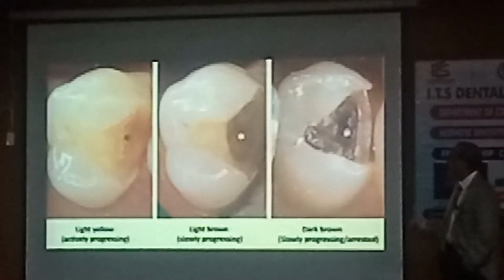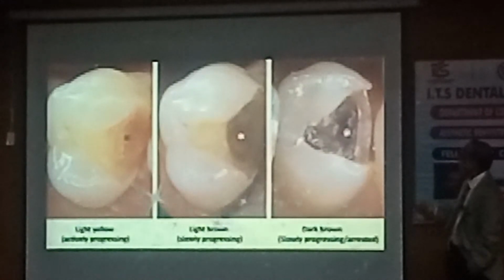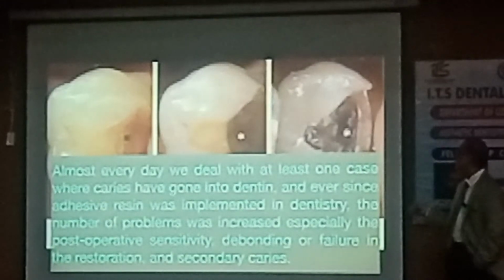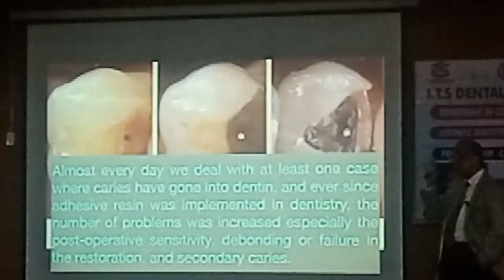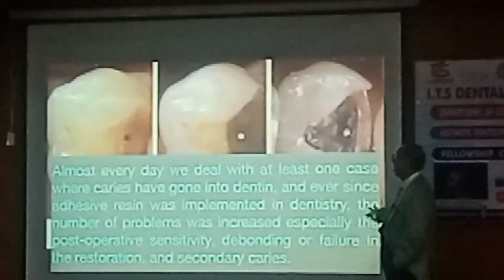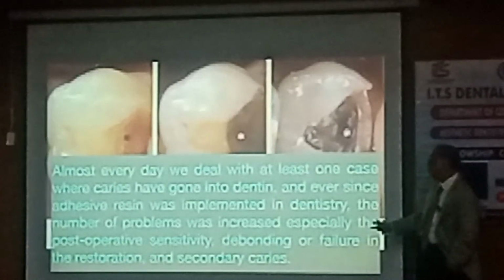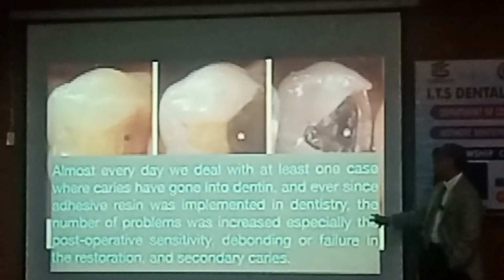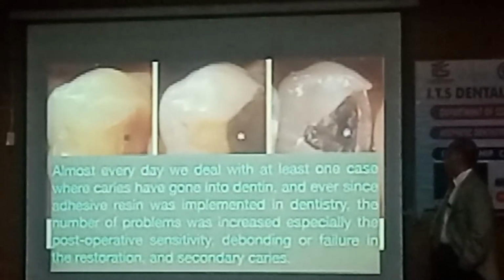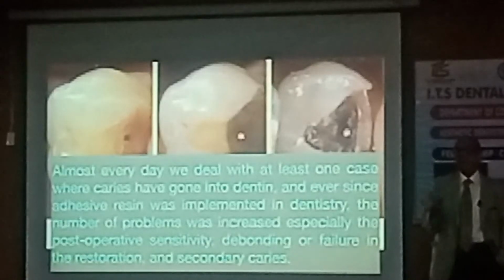Now if you see here how the decay is, the biggest problem that we face in most of the cases is that when caries has gone into dentine, and ever since adhesive resins were implemented in dentistry, the number of problems increased, especially the post-operative sensitivity, debonding or failure of the restoration and secondary caries.